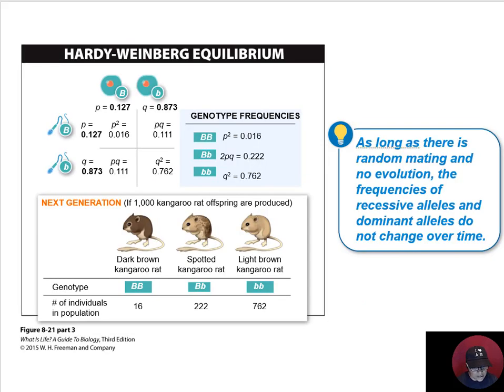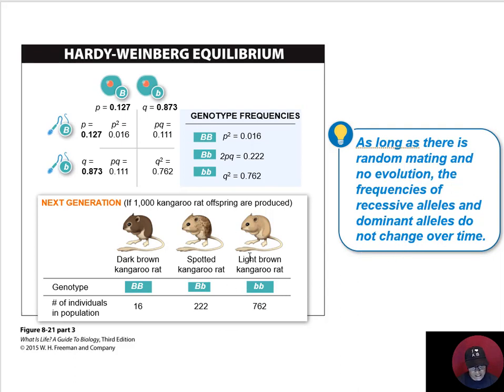So there is a calculation that you need to know of, but that I will never ask you to calculate. You just need to know what it is when someone says the words Hardy-Weinberg equilibrium. As long as there is random mating and no evolution, then the frequencies of recessive alleles and dominant alleles will not change over time.